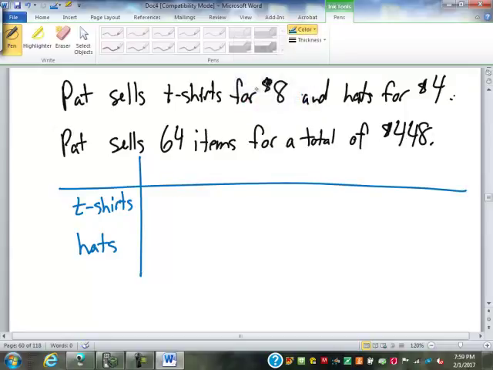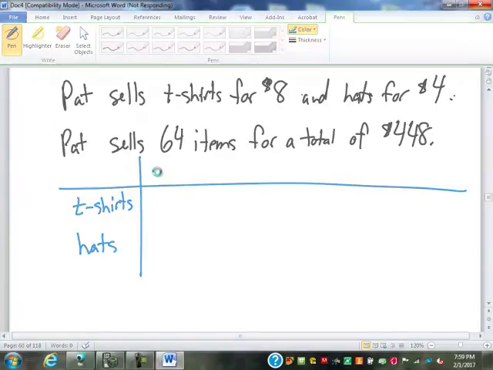The problem is, how do we define our variable? In this case, it does not matter which one I let be X. It's going to be a little bit easier to solve if I let a certain one be X, but it really doesn't matter. So pick one, t-shirts or hats. Which one do you want me to let be X?